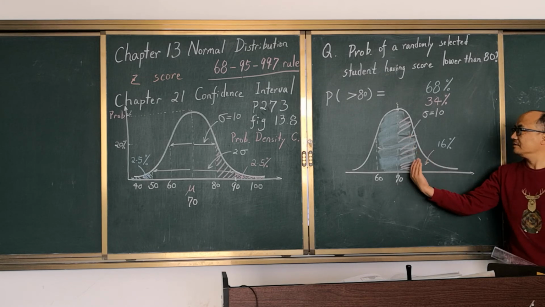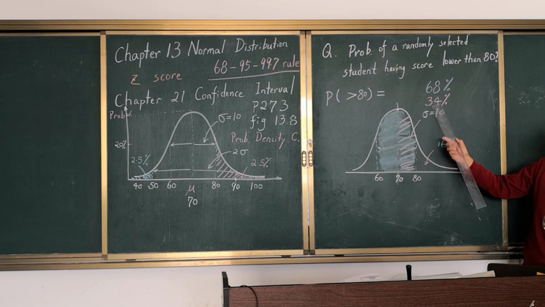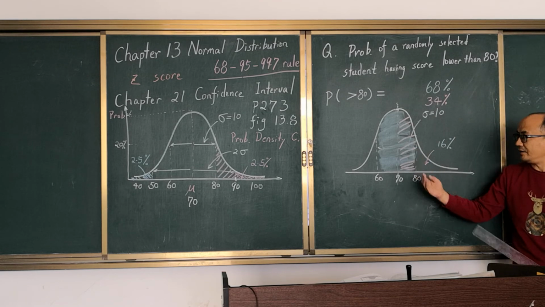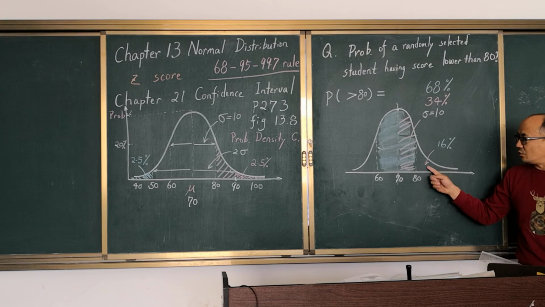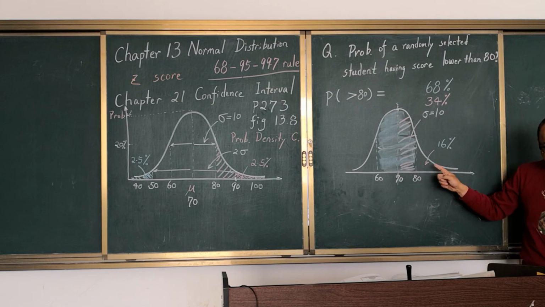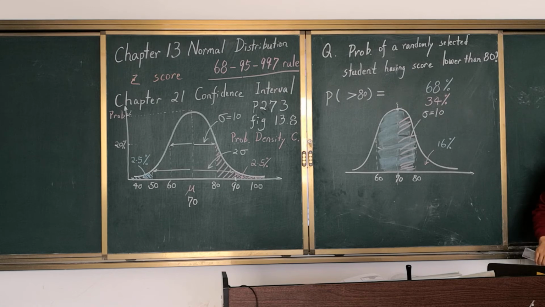And so the pink one is already 34%. So this one plus pink one is 50%. So this has to be 16%.